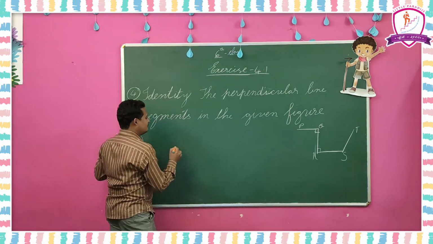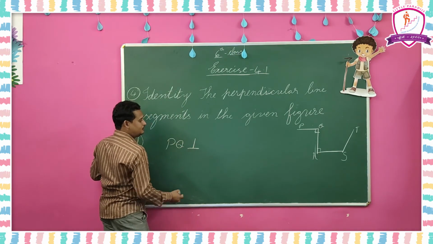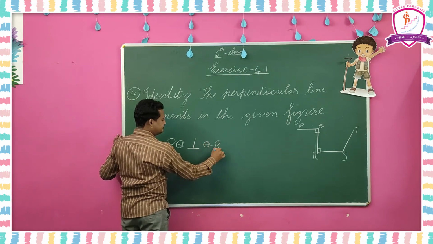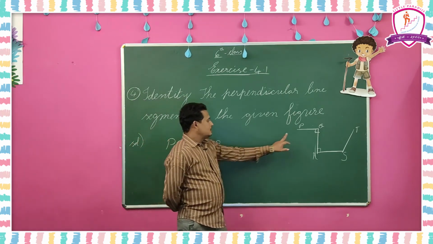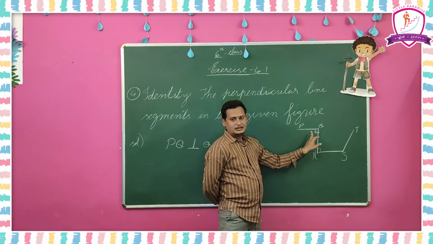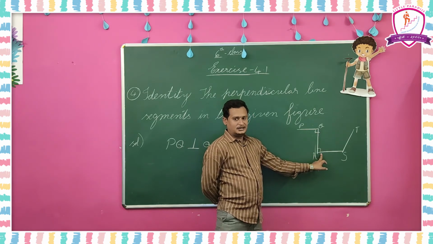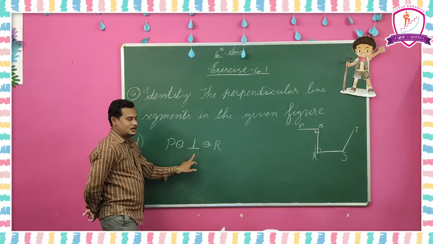Okay. So what we have to write here: first, PQ is perpendicular to QR. Why? At the corner of PQ and QR a right angle was formed. So PQ and QR are perpendicular. You have to use the perpendicular symbol here.